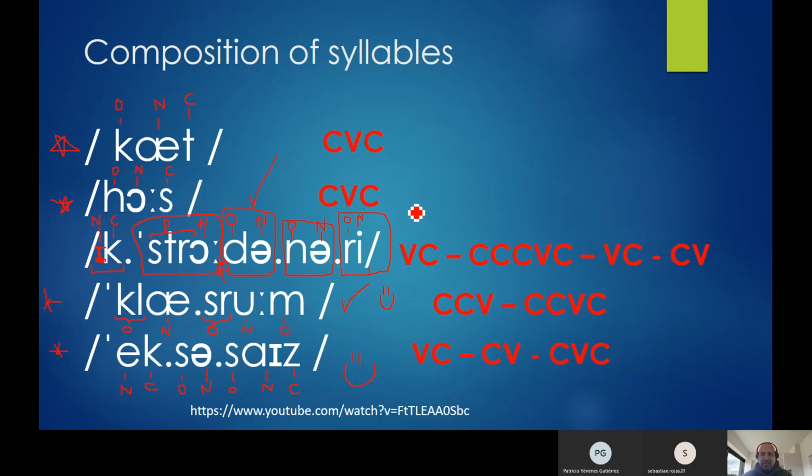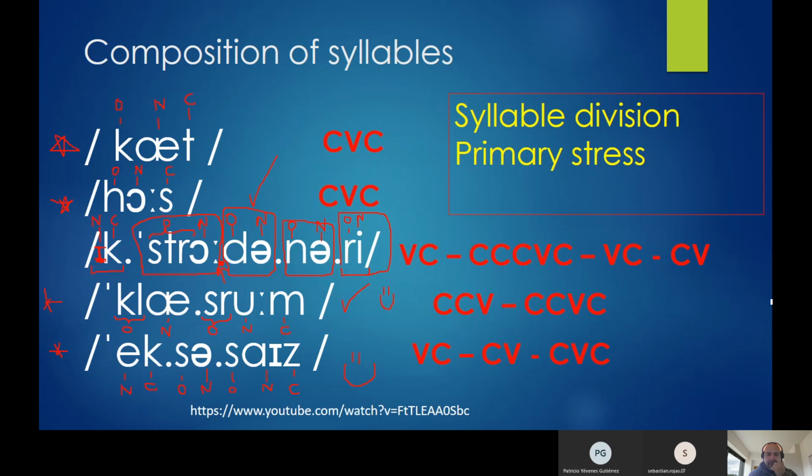Sometimes syllables can be vowel-consonant, others can be a combination of three consonants in the onset, then the nucleus, and then a consonant sound. The second one is VC, and the last one is CV. So there's a high variation, right, in how these syllables are composed.